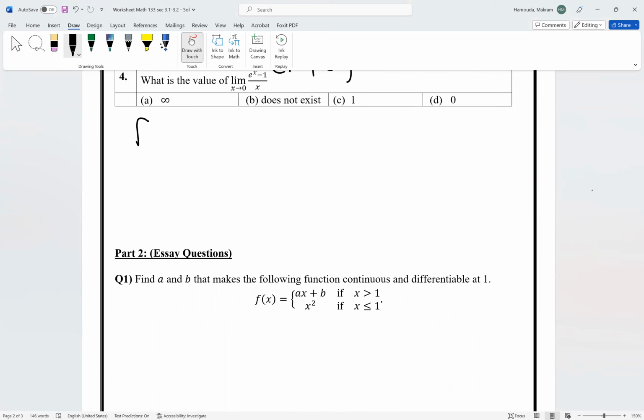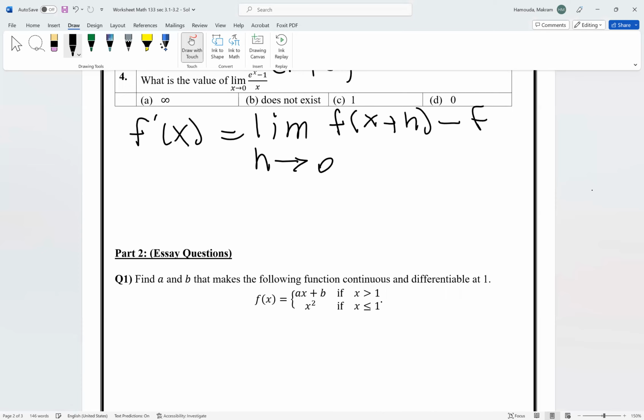In general, I have f prime of x equal to the limit when h approaches 0 of (f of x plus h minus f of x) over h. So my limit is when h approaches 0.